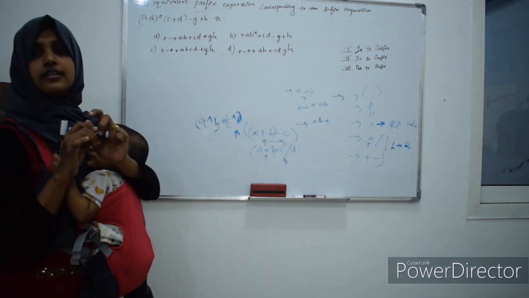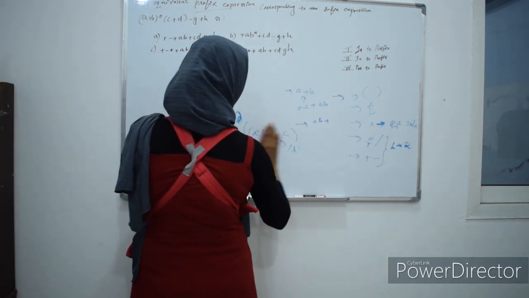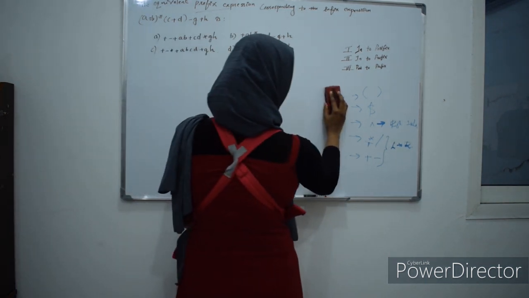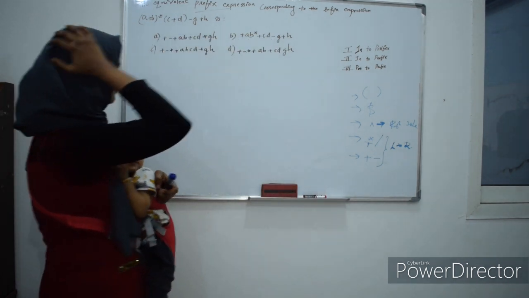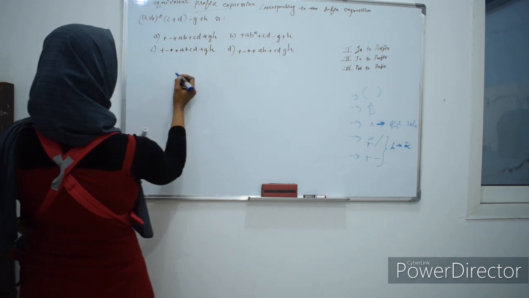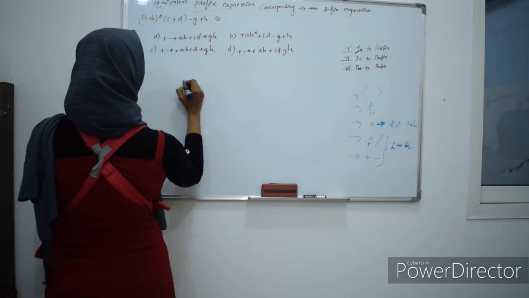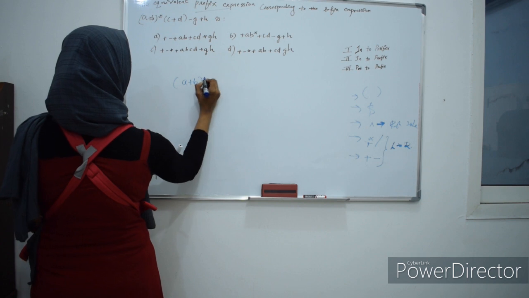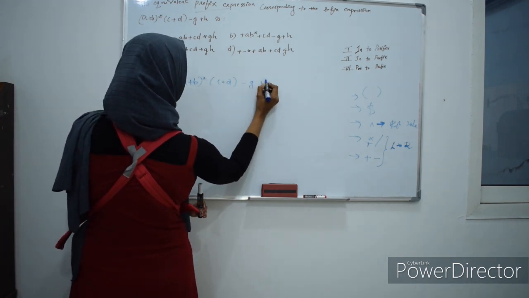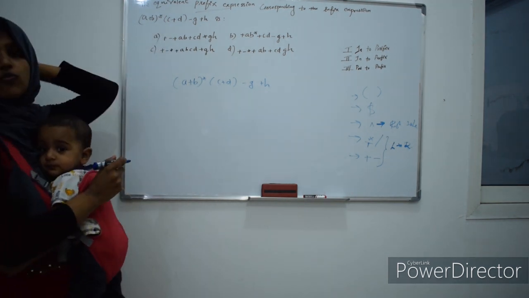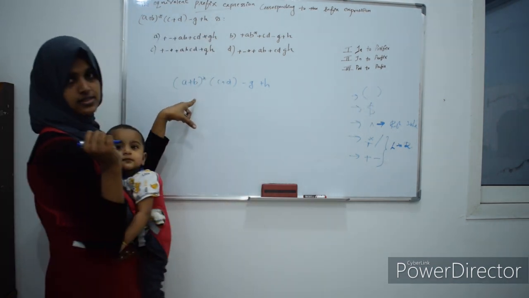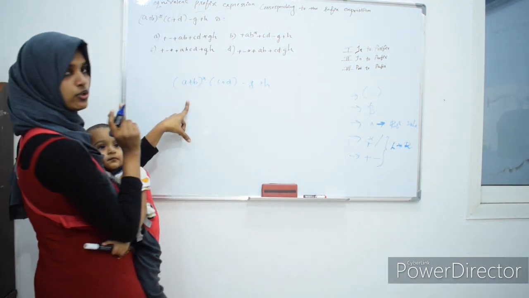These are the two simple basic rules you have to know before converting any expression to any other form. Then we can easily convert infix to prefix. This is the question given: (A plus B) star (C plus D) minus (G plus H). First, we consider the parenthesis, since high priority is given to parenthesis.